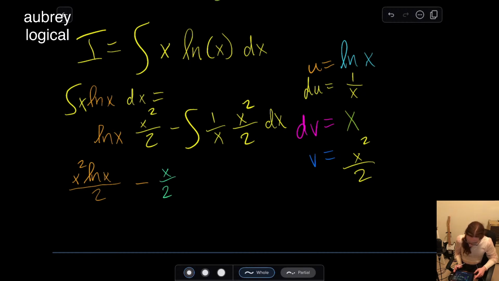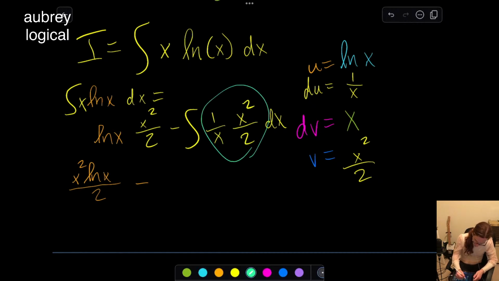Oh, okay, so I did something wrong. Let me go back here. I thought I was going to simplify this before I took the integral of it, but that's not exactly how they want me to do it. They want me to bring my constants outside of the integral.